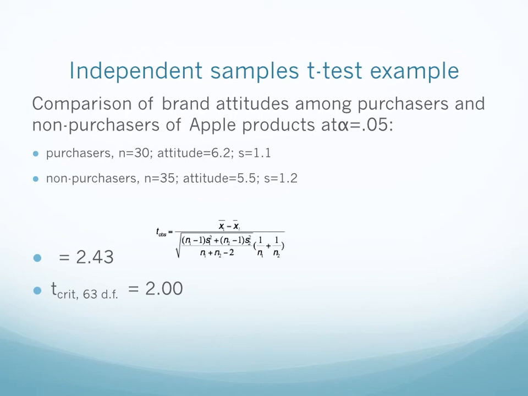And notice 63 degrees of freedom is 30 plus 35 minus 2, which at alpha 0.05 is 2.0. So our conclusion would be that, not surprisingly, purchasers of Apple products have a more positive attitude toward Apple products than do non-purchasers of Apple products.